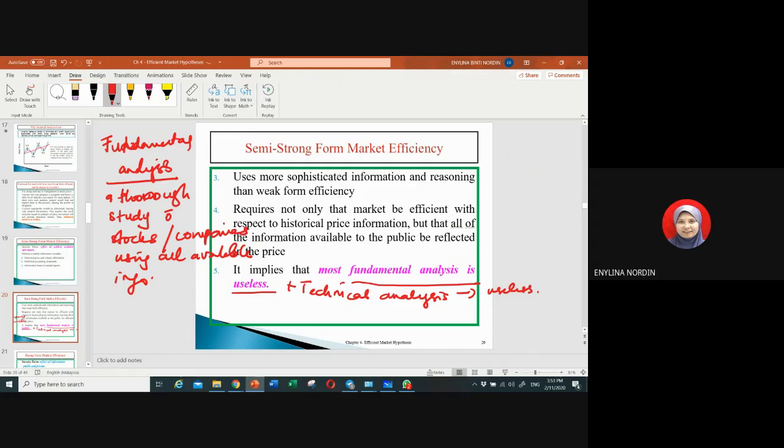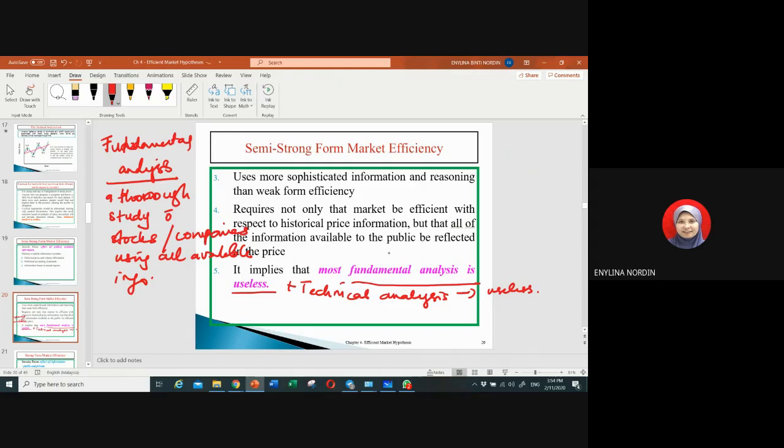And this information is actually already absorbed into the stock price. So since the information that you are using in this fundamental analysis, or that you refer to, is already absorbed into the stock's price, that's why this fundamental analysis becomes useless.